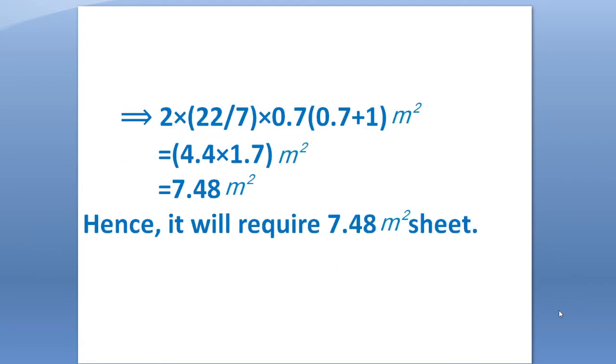So 2 into 22 by 7 into 0.7 into bracket 0.7 plus 1, that is 4.4 into 1.7 meter square. So we have 7.48 meter square. Hence it will require 7.48 meter square sheet to make the cylindrical tank.